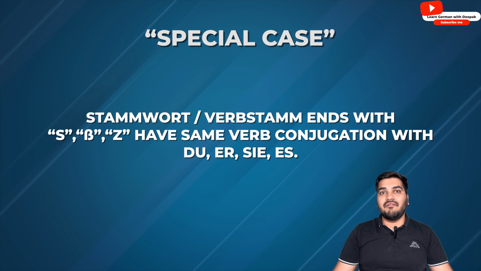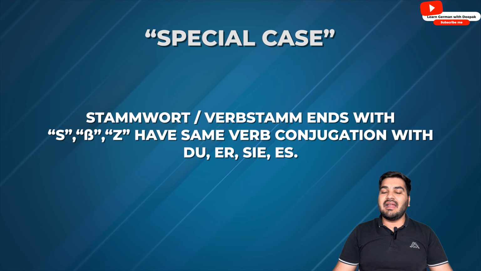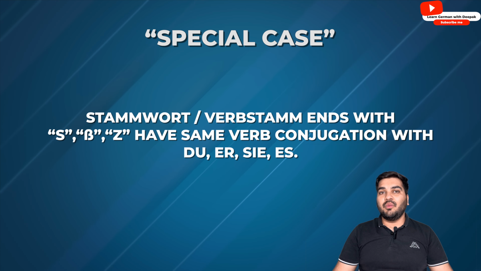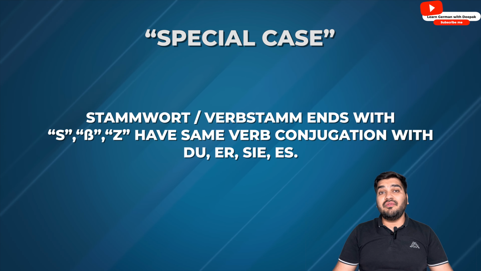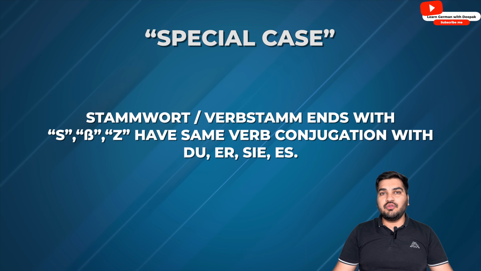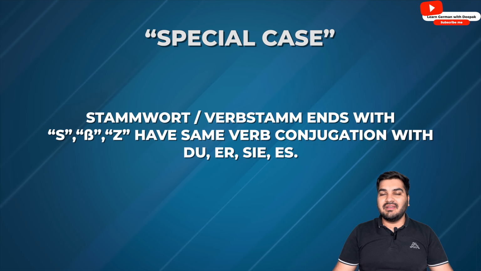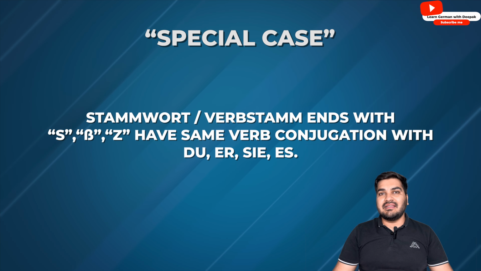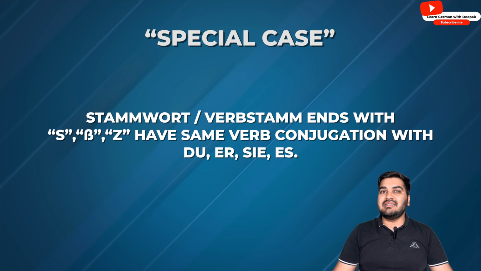That means when we conjugate the verb with du, we remove en and add st. But with er, sie, es, when we conjugate the verb, we remove en and add just t. But for those verbs in which the Stammwort ends with S, ß or Z, the conjugation is the same.